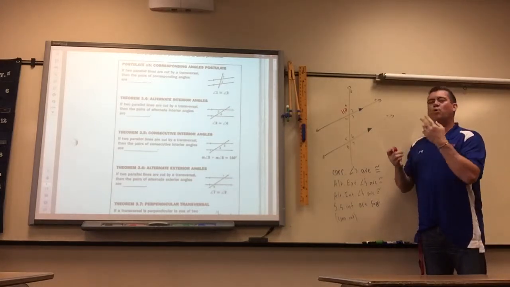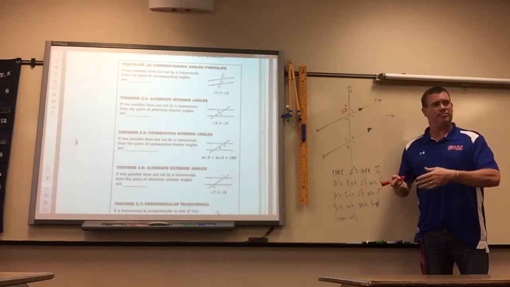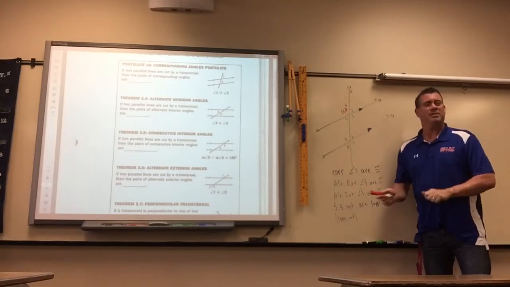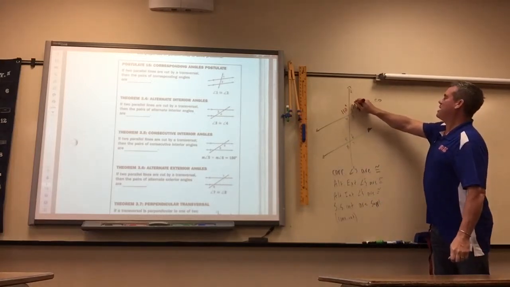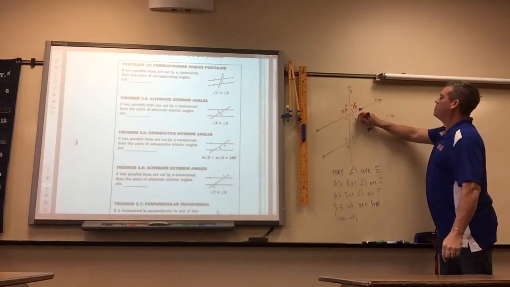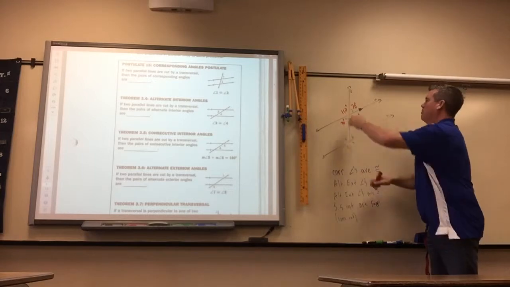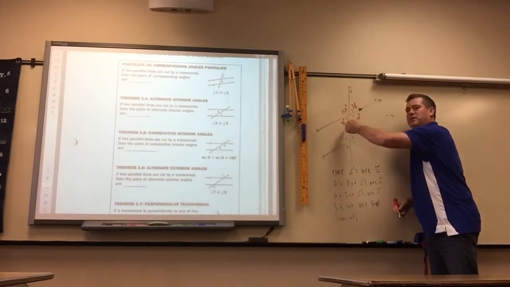They're either going to be 110 or 70. 2 has to be 70 because it's a linear pair. 3 has to be 110 because it's vertical. 4 has to be 70 for vertical angles and linear pairs.